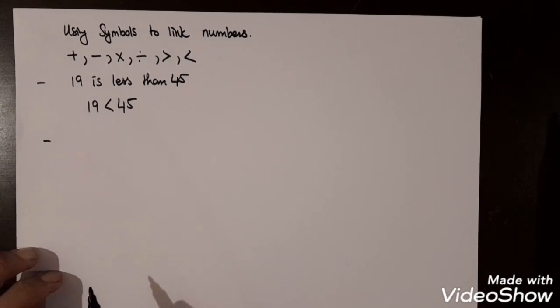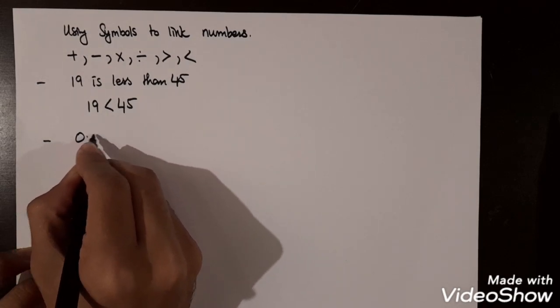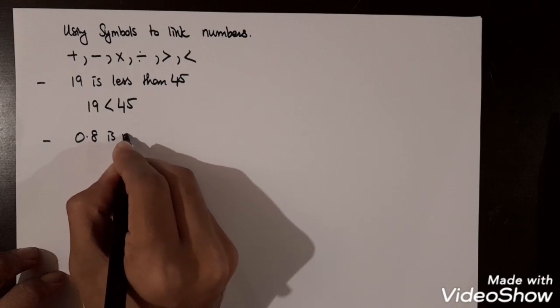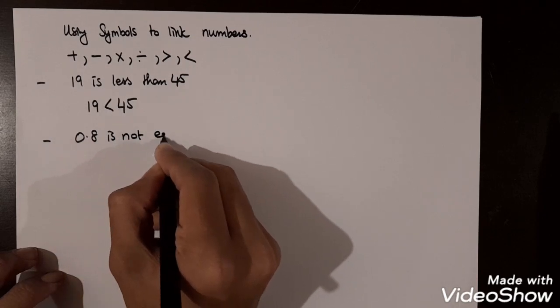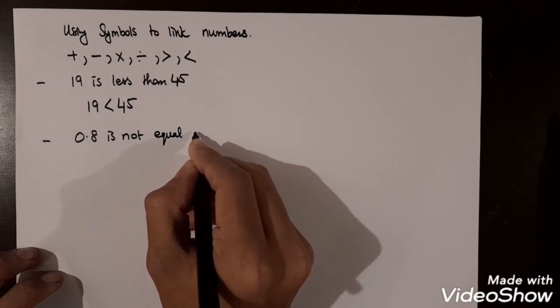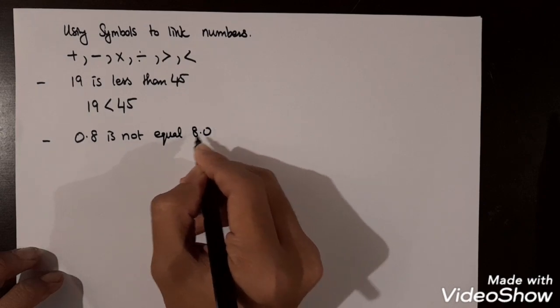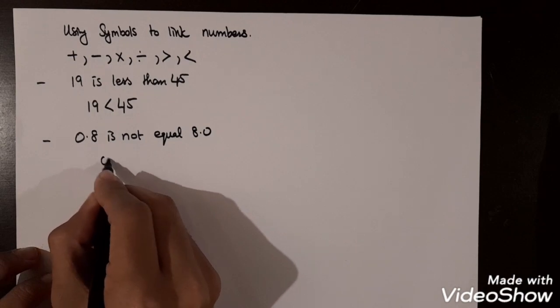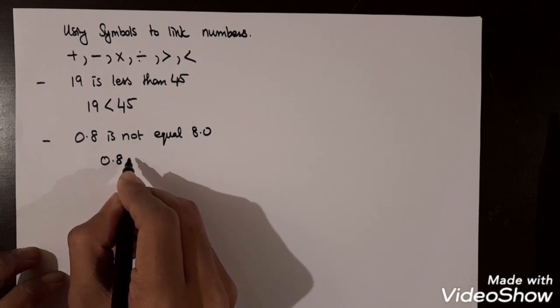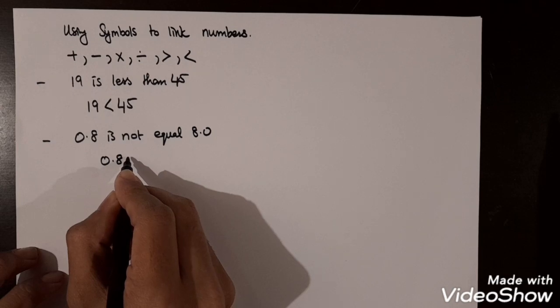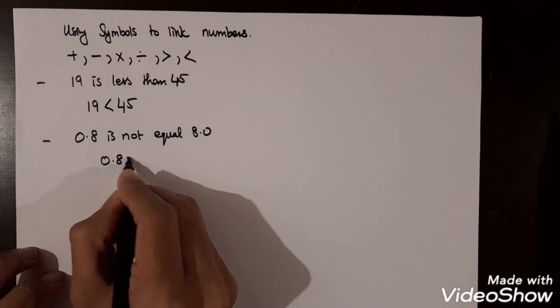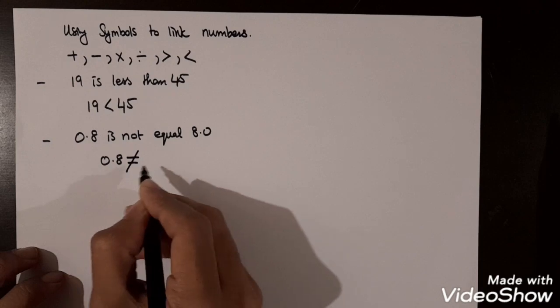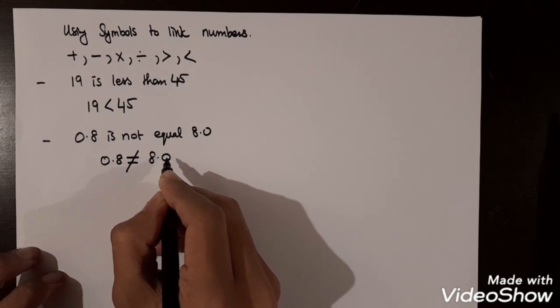The second example will be 0.8 is not equal to 8.0 or 8. So we will write 0.8 is not equal to 8.0.